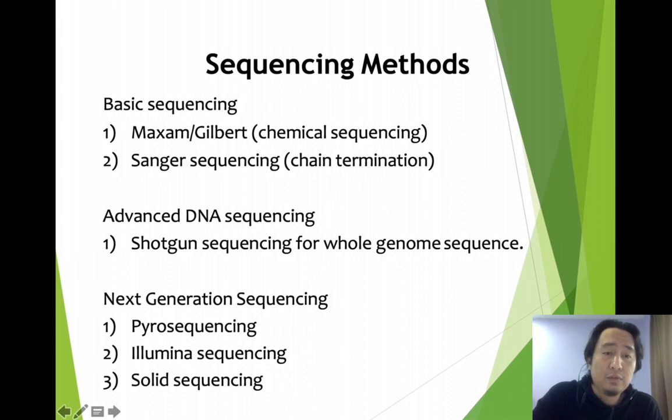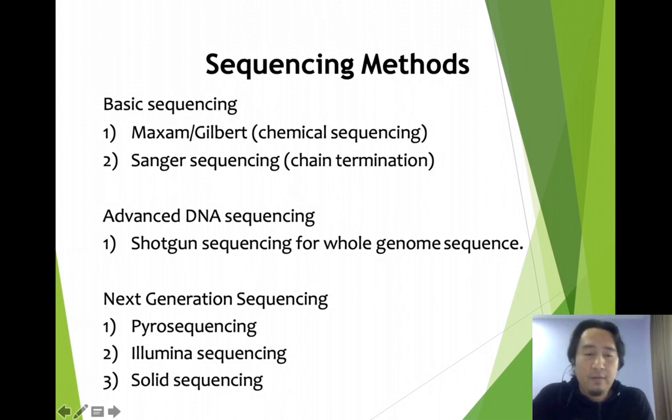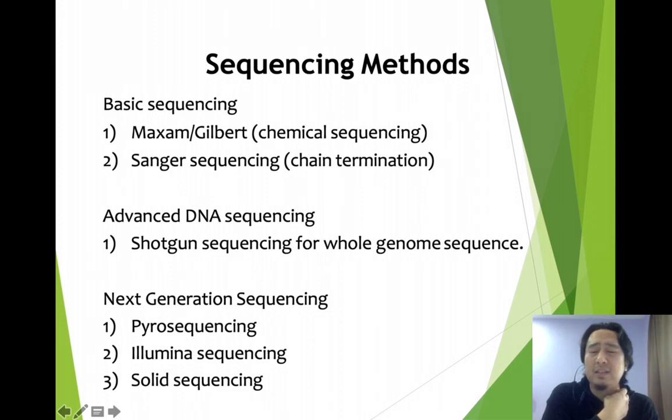The second one, the most famous method that we apply up until now, is Sanger sequencing, known as chain termination, developed by Friedrich Sanger in 1977 or onwards, I guess.